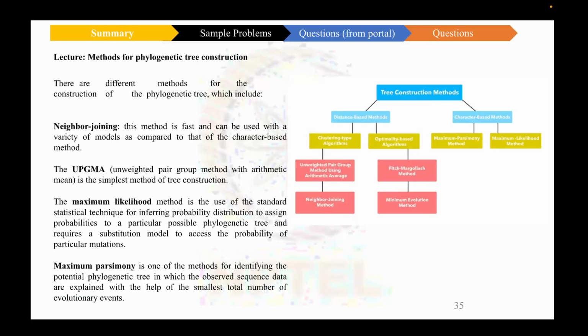It starts with a star-like tree where all the taxa are connected to a single central node, and at each step it identifies a pair of taxa with the smallest pair distance change and merges them into a new node, that is, it makes them a group connected to a central node. This process of grouping continues iteratively and gradually builds a tree until all taxa are connected.